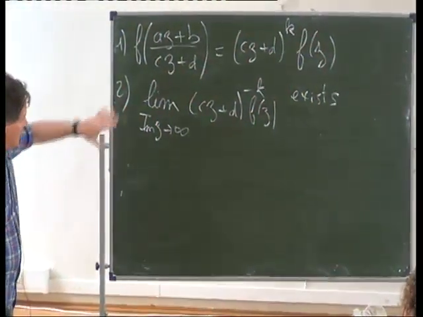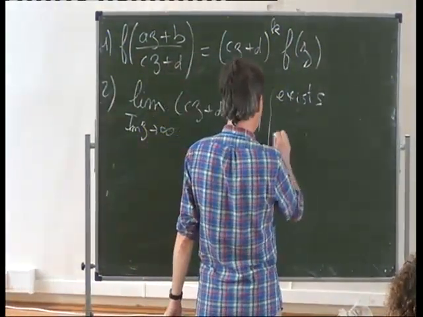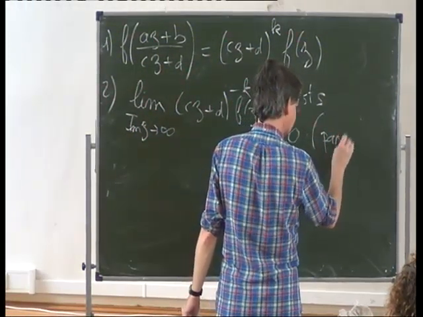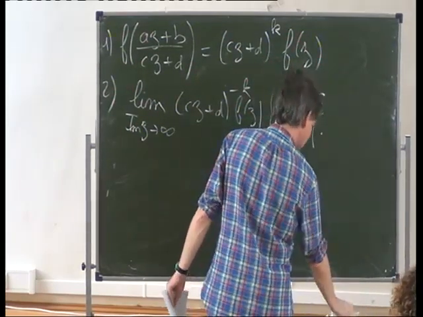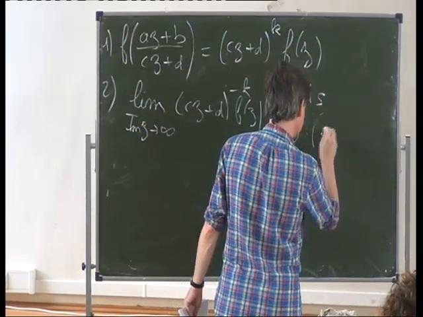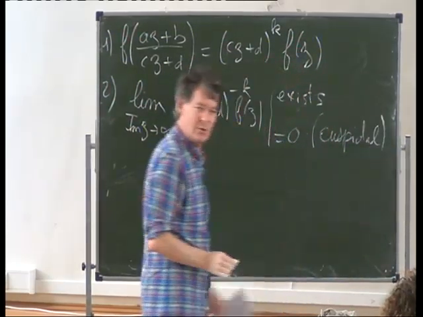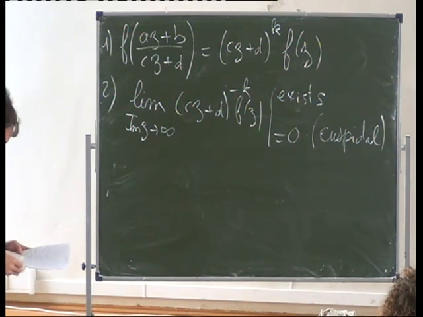And if it's zero, then I will say that the modular form is parabolic, or cuspidal. For a long time it was called parabolic, and with Langlands' terminology now it's called cuspidal. But it's the same object, not the same word.